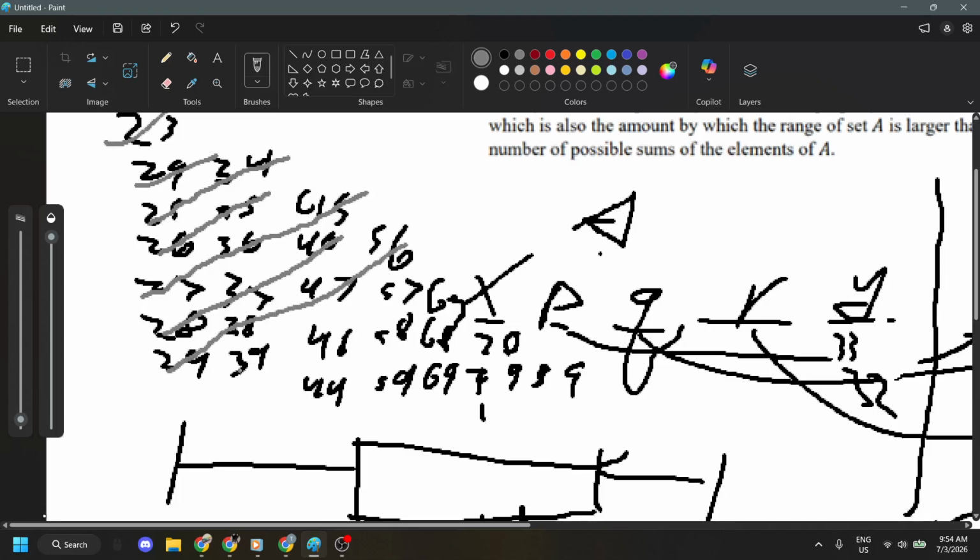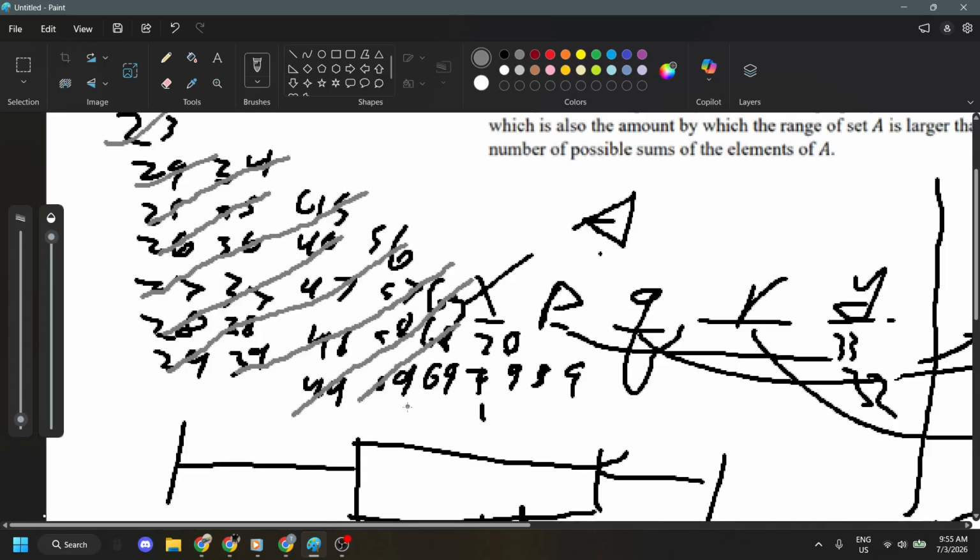Oh, it's weird. That is so weird. This is 12, this is 12, this is 12. This is 13. This is 14.